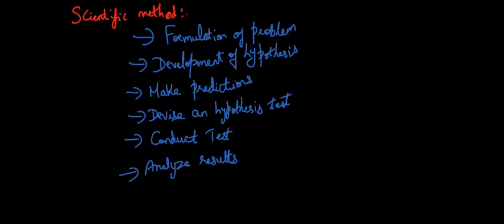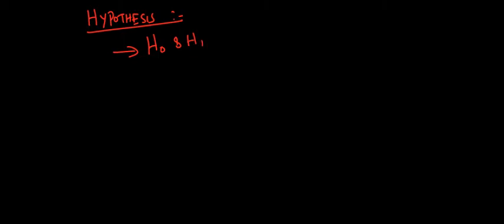Now, having talked about the scientific method, we saw something called a hypothesis here. What is a hypothesis? You set the hypothesis as, say, H0 and H1, the two hypothesis parameters, which are set to study the relationship between variables.